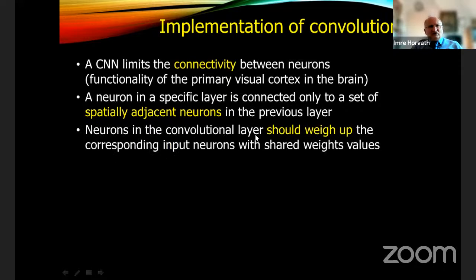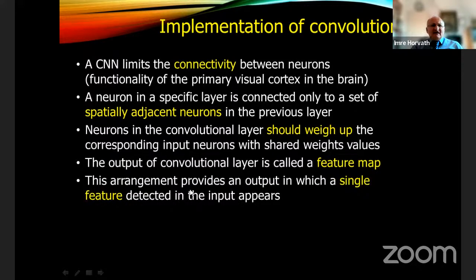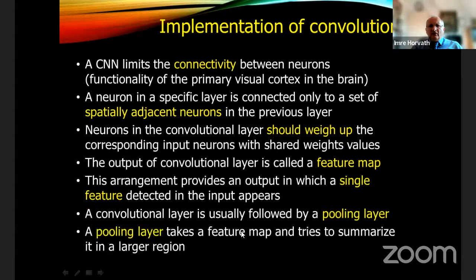Neurons in the convolutional layer should be connected to the corresponding input neurons with shared weight values. The output of the convolutional layer is called the feature map. This arrangement provides an output in which a single feature detected in the input appears. The convolutional layer is usually followed by a pooling layer.